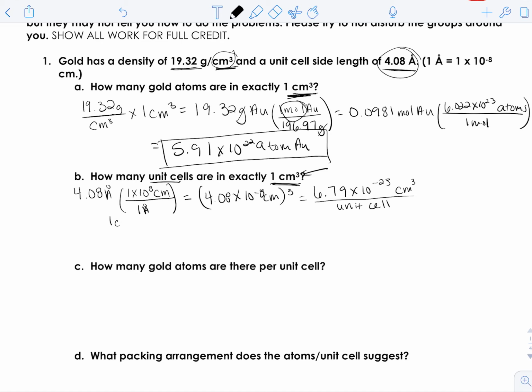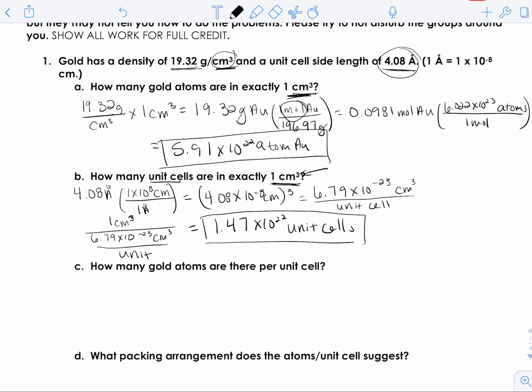So we take our 1 centimeter cubed, divide it by 6.79 times 10 to the negative 23 centimeters cubed per unit cell. And when we do that, we get 1.47 times 10 to the 22nd unit cells.